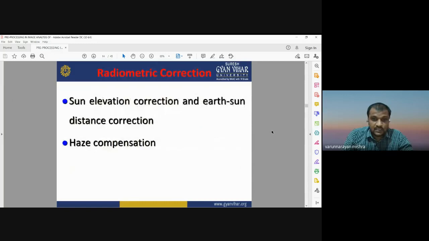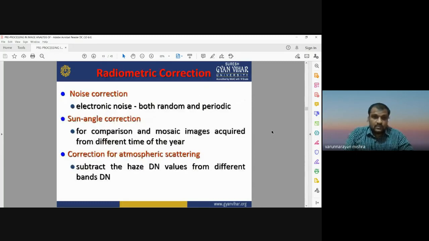Radiometric correction also includes the sun elevation correction and earth-sun distance correction. Haze compensation can also be done under radiometric correction. Under radiometric corrections, we need to perform noise correction. Noise corrections address random noises present in the system.